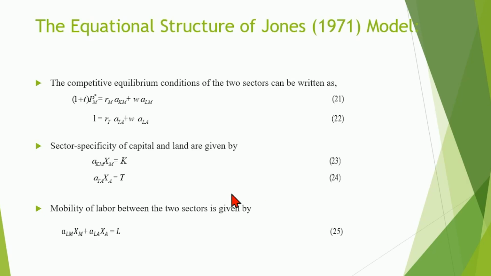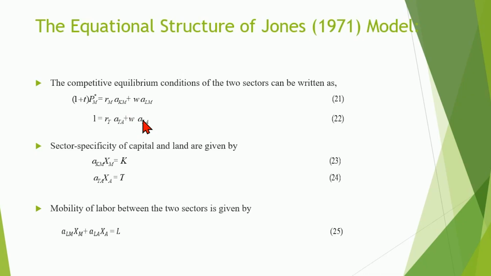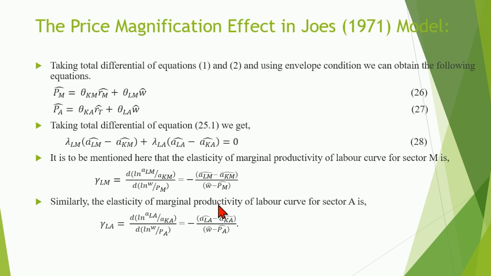So, from here it is clear that the Jones 1971 model does not satisfy the decomposable property. Now, with the help of the full employment condition for the mobile factor labor, we can solve for the three unknown factor prices, and after knowing the factor prices, we can determine the values of input-output coefficients, and ultimately we can determine the output levels of the two sectors.